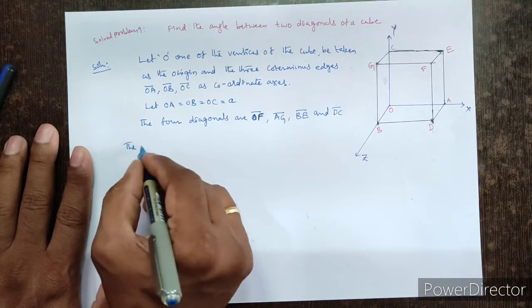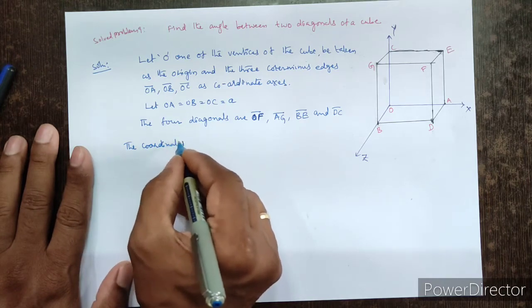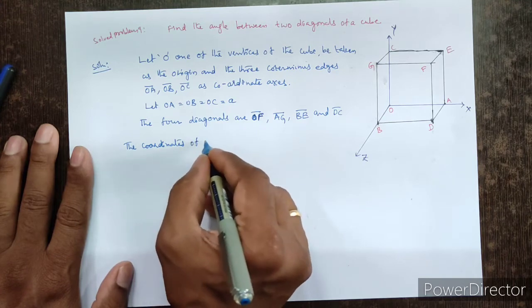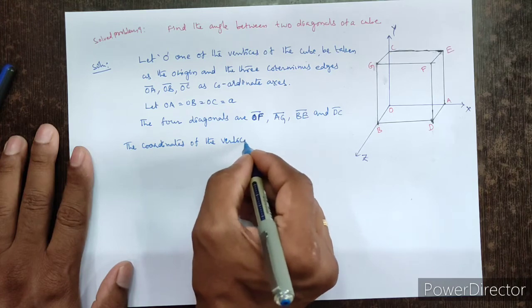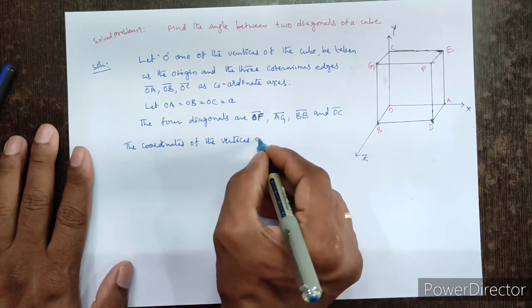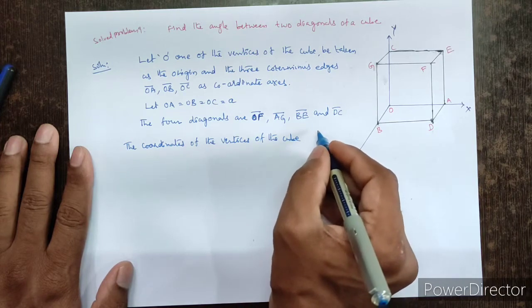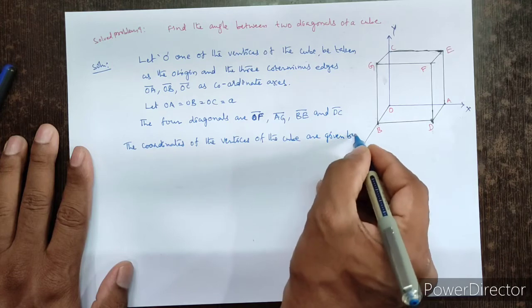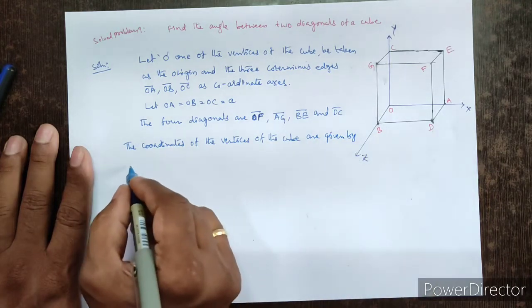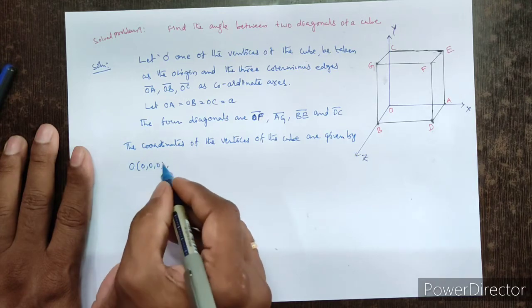The coordinates of the vertices of the cube are given by: origin is 0, 0, 0.